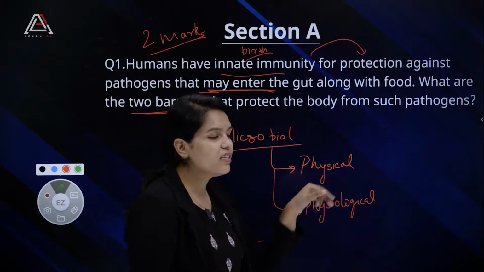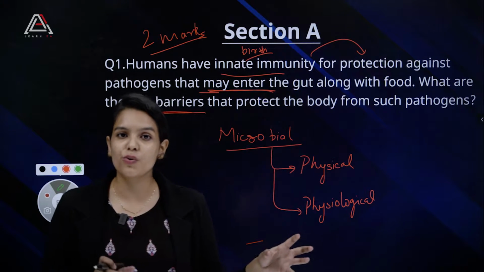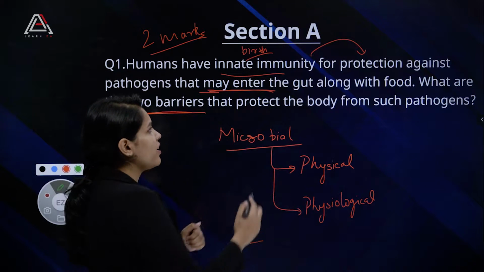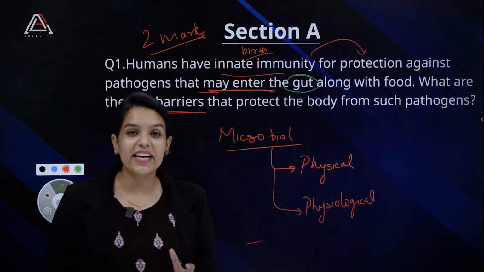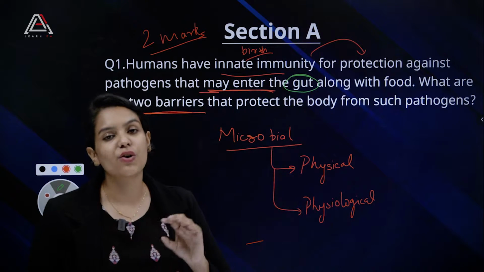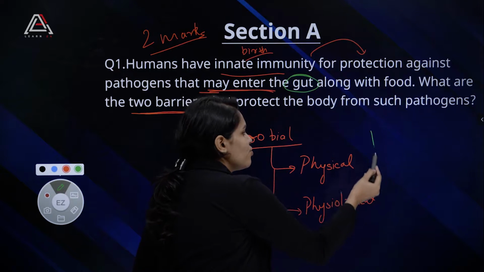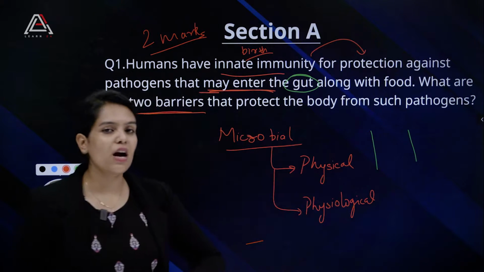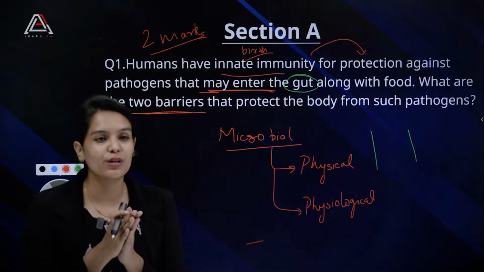Now in the physical barrier, the first barrier, we know skin, and also mucus. But in this question, they are specifically mentioning the gut. So writing skin in the answer will not give you the marks. So try to mention mucus, and also mention how mucus works as a physical barrier here.